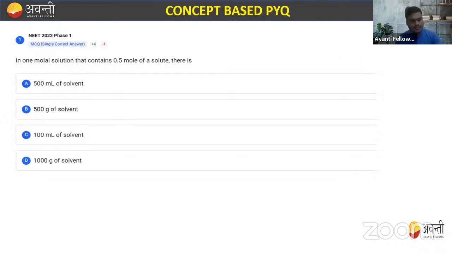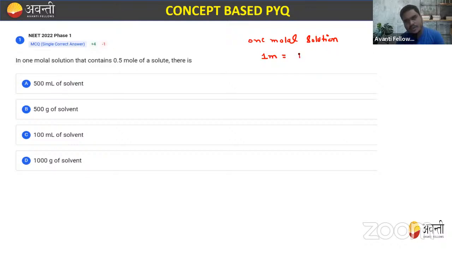Okay. So move to the next question, that is, in 1 molal solution that contains 0.5 mole of solute, so there is. So what do you mean by a 1 molal solution? Basically, 1 molal means 1 small m.